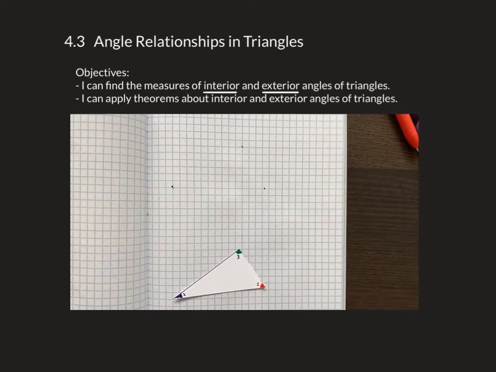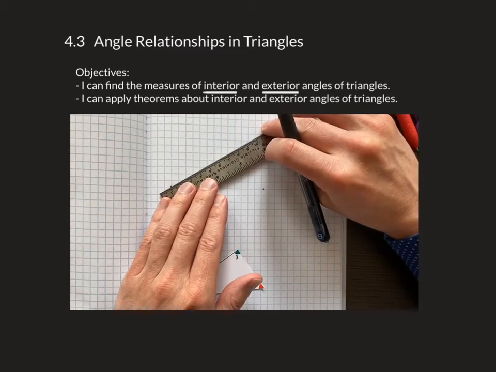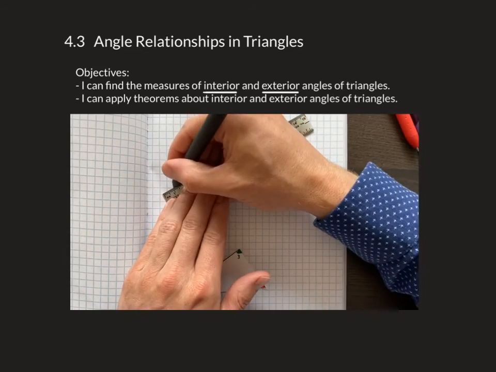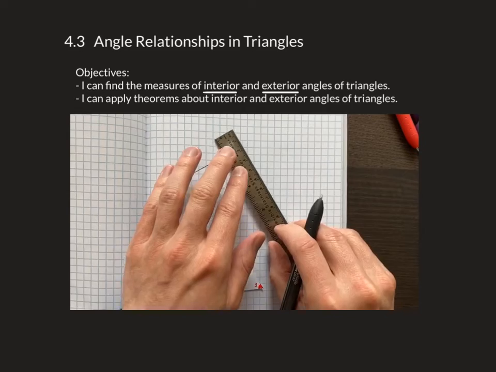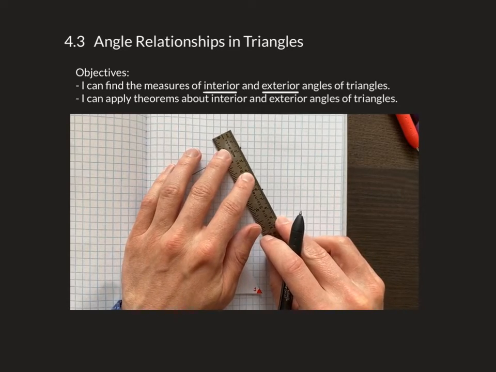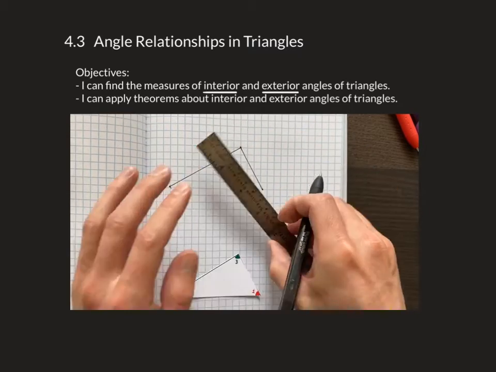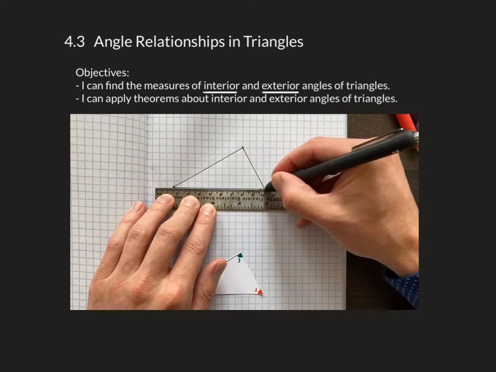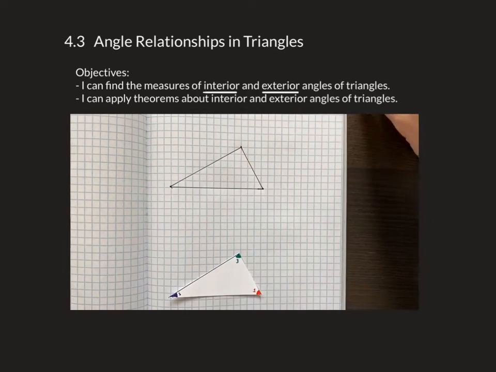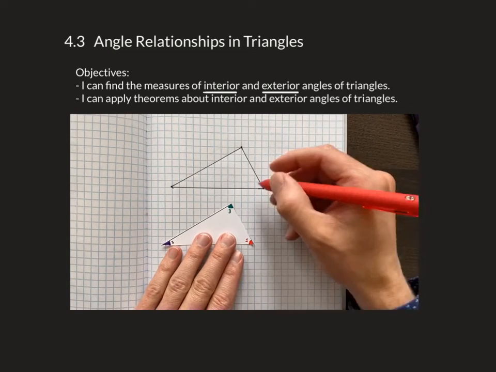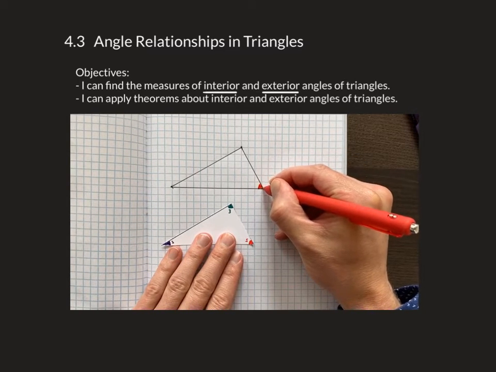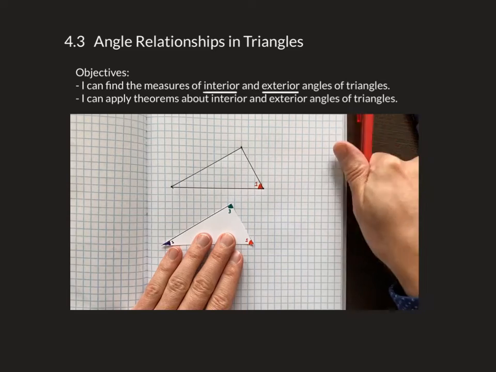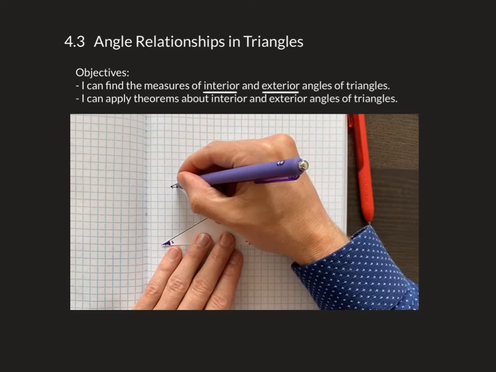Then take your triangle off and then use your straight edge to connect them to make a copy of your triangle on your notebook. Okay, so now you're going to take your colored pens and copy it down just like it is on your piece of your triangle that you cut out.